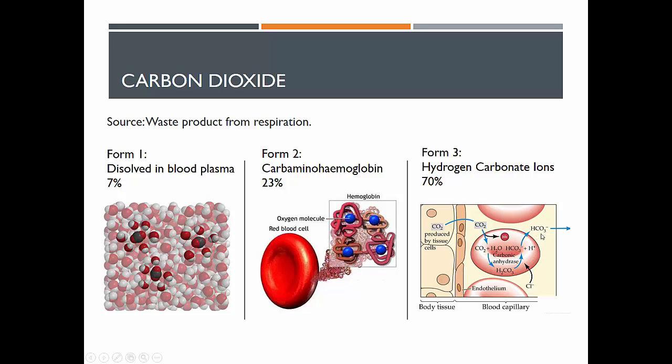So it's this form, HCO3-, which is what this name is here, hydrogen carbonate ion. 70% of carbon dioxide is carried in that form. That's a lot, and that's going to be interesting for later on. So we've got dissolved, carbaminohemoglobin, and then hydrogen carbonate ions.